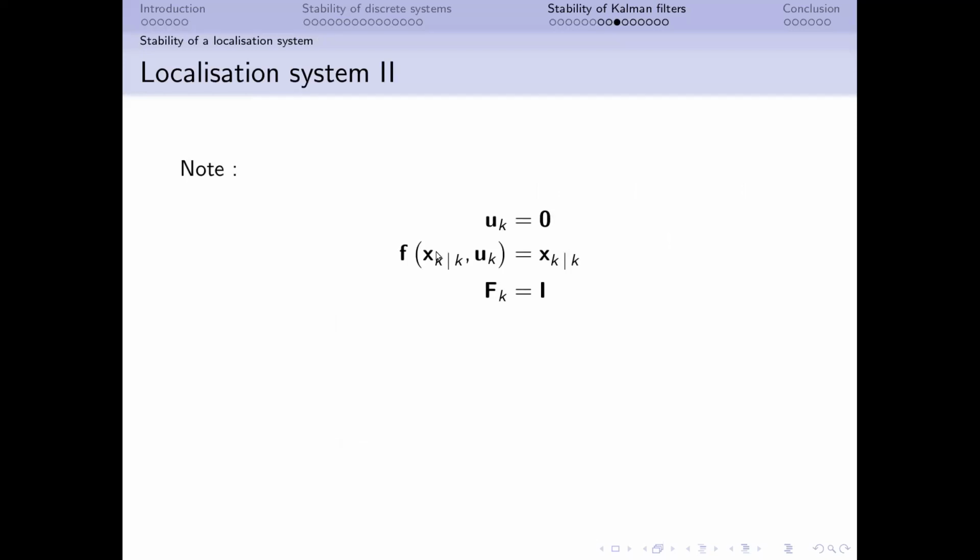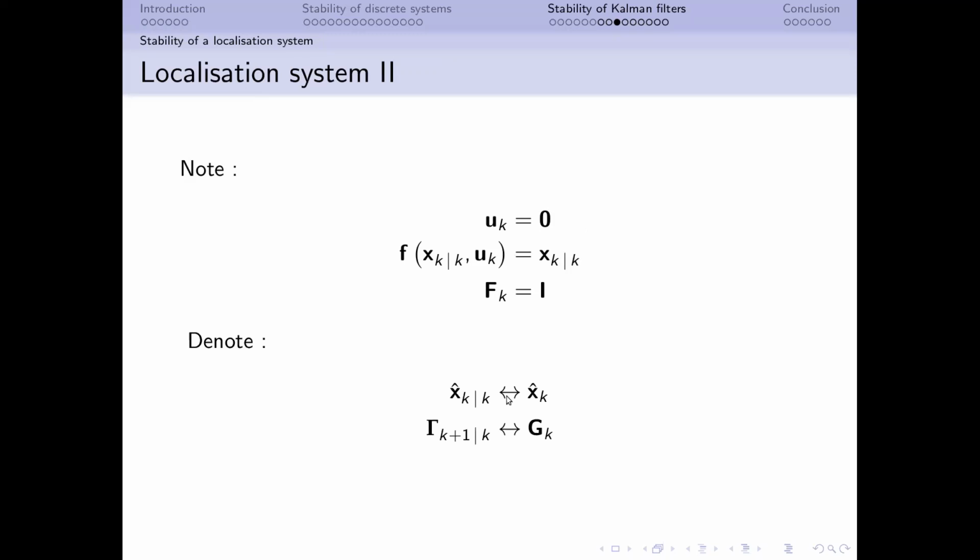As I said before, the robot is not moving, so the evolution function of the robot is very simple. It's the identity function with respect to the state X. Its Jacobian function is then the identity function, and we do not have an input u.